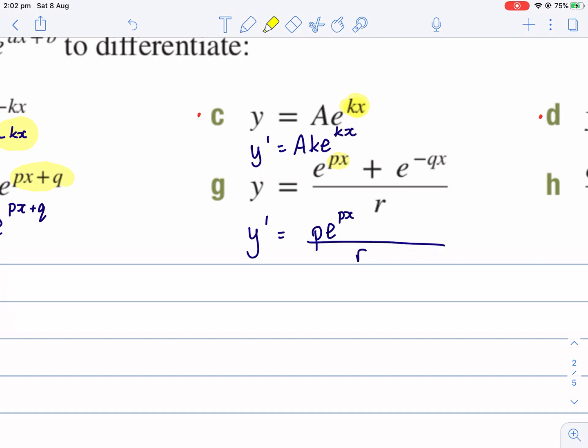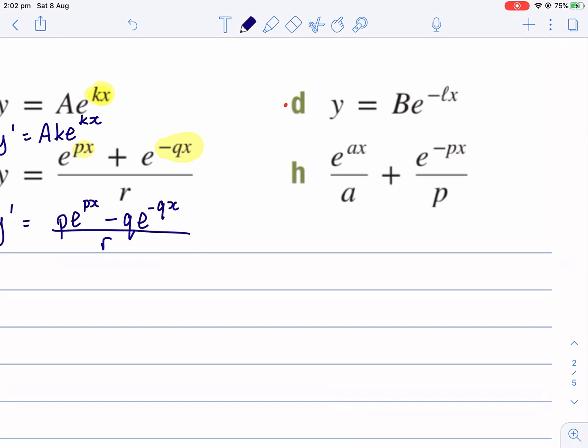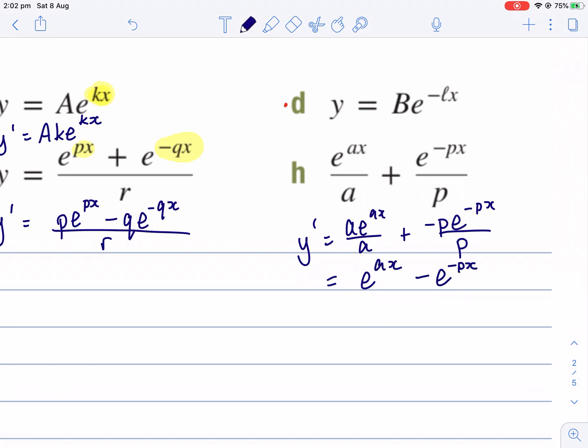For e to the minus qx, we've got -q e to the minus qx. And for this one, we're going to have e to the ax, so we've got a e to the ax on a plus -p e to the -px on p. We're going to have e to the ax take e to the minus px. So the a's and p's cancelled out.